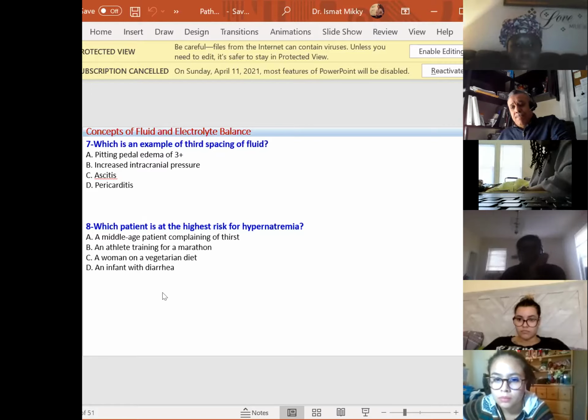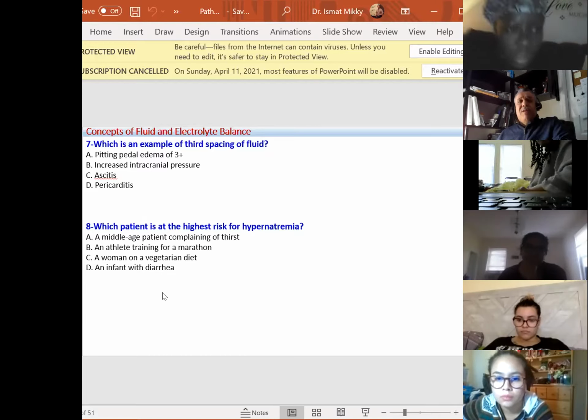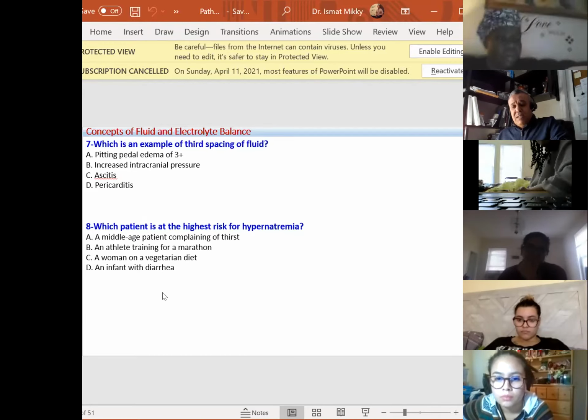So the risk for hypernatremia is highest for someone who has limited access to fluids or limited ability to obtain fluids.